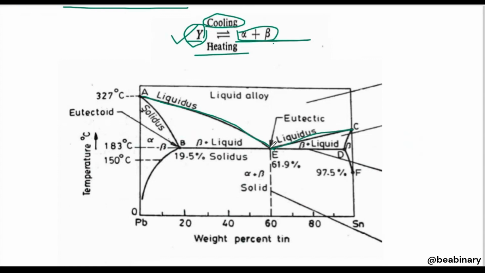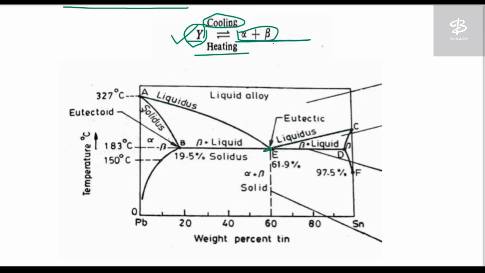If you saw what I explained about the eutectic system, you could say E is a eutectic point.